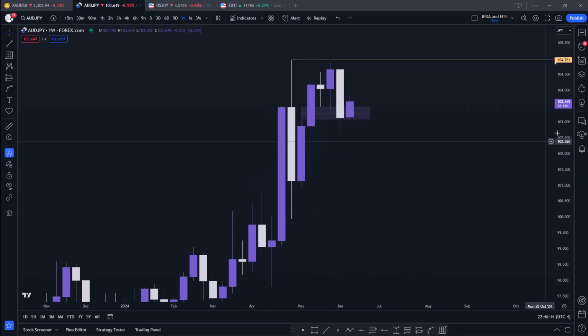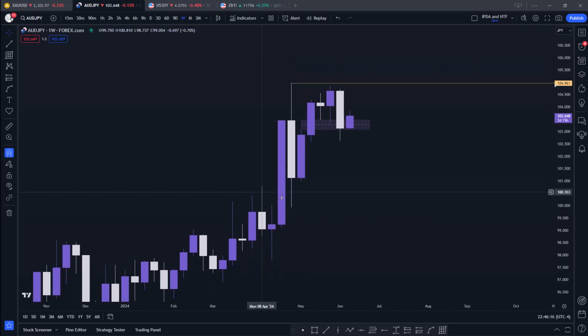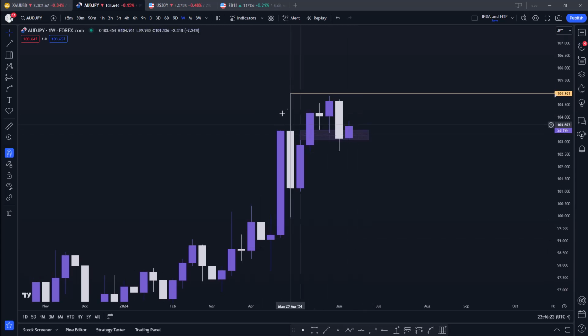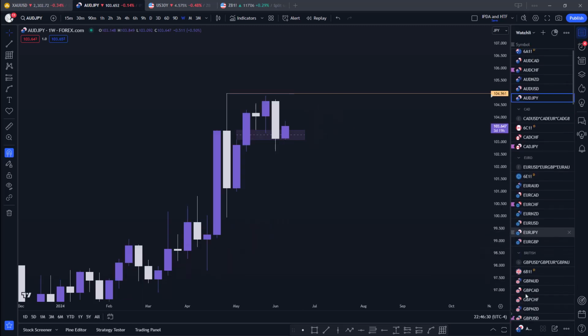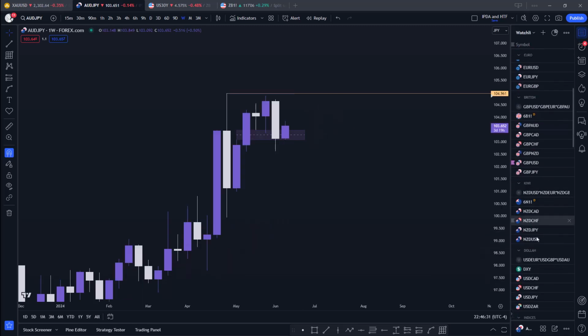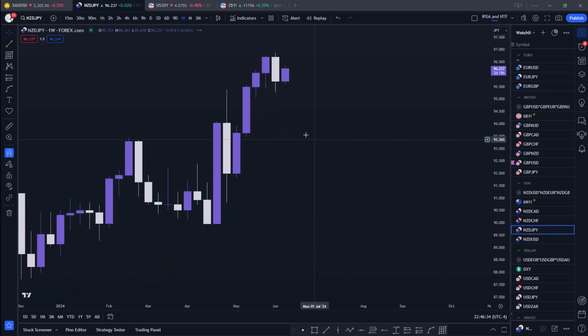Since we're trading AUD/JPY, if I was to ask what's the pair that we can use to gauge SMT divergence for AUD/JPY, I'd be hoping that most or all of you would say NZD/JPY, because that's the correlated market. So we will open our NZD/JPY.